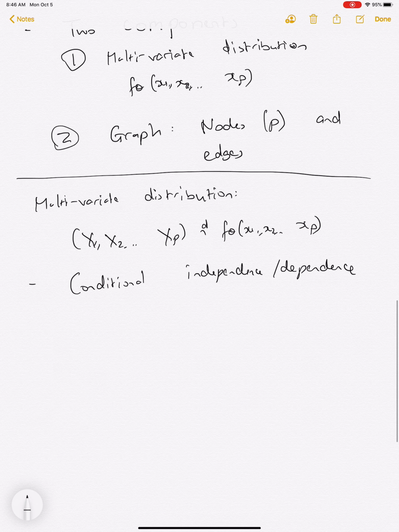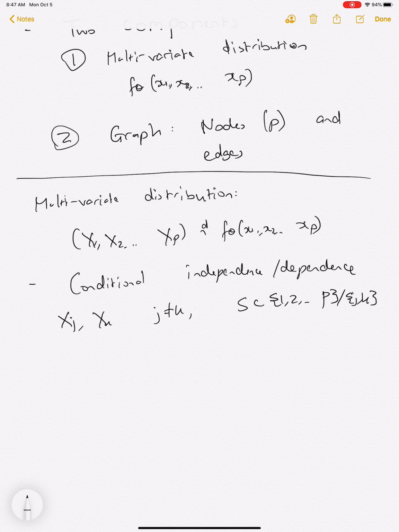Okay, so we learned that you have xj and xk, j not equal to k, and then S is a subset of 1 up to P, but not including j or k. So it's any subset. And then we learn what the definition is of conditional independence.